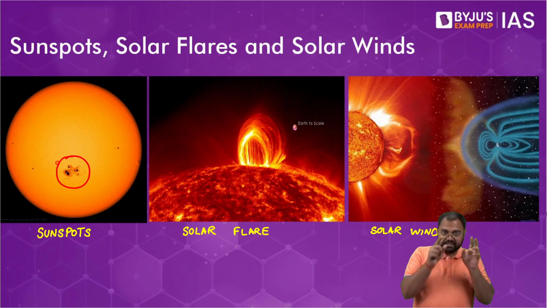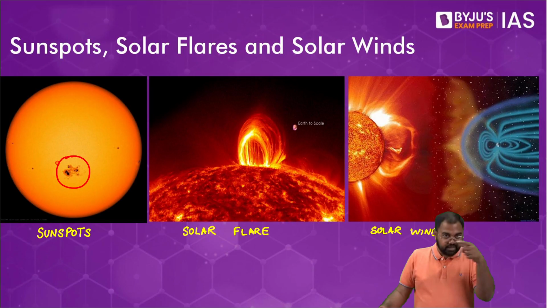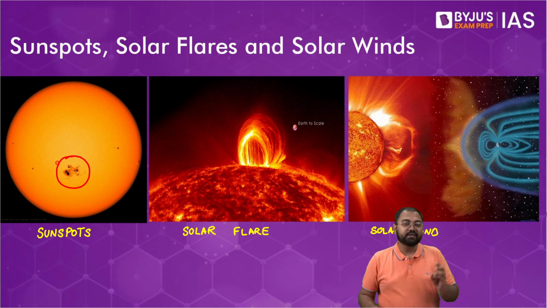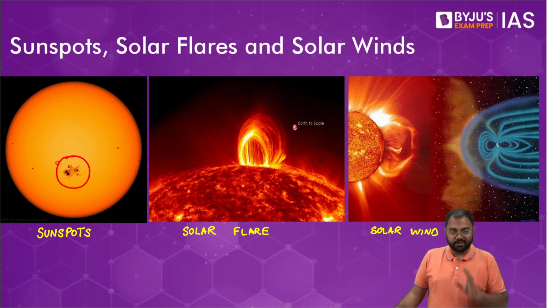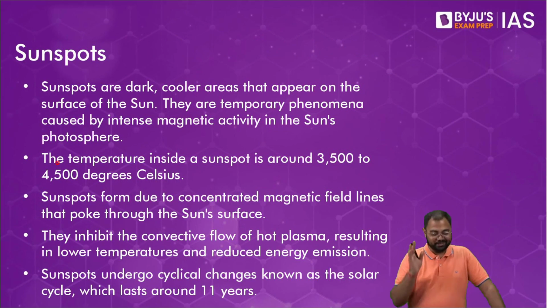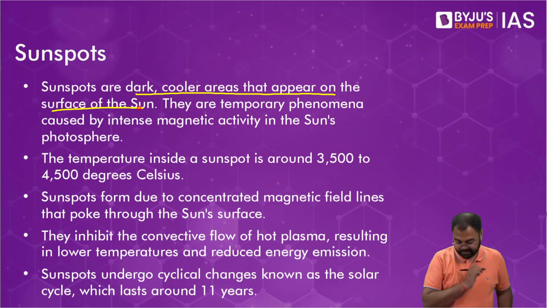Because of this difference in temperature compared to the surrounding parts of the sun's surface, this appears as a darker region, and that's why it appears as a spot on the sun, or a pimple on the sun, where you apply Fair and Lovely and get rid of it. So sunspots are dark, cooler areas that appear on the surface of the sun, right?